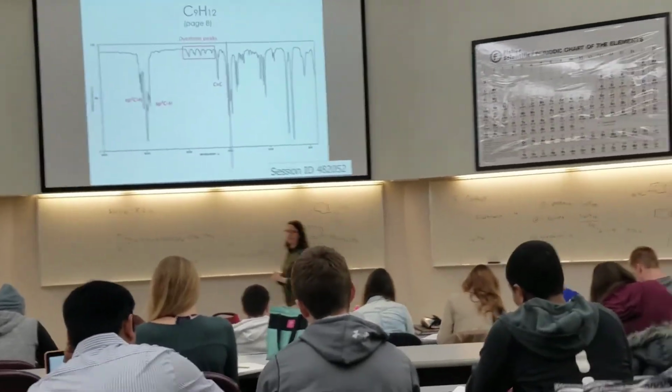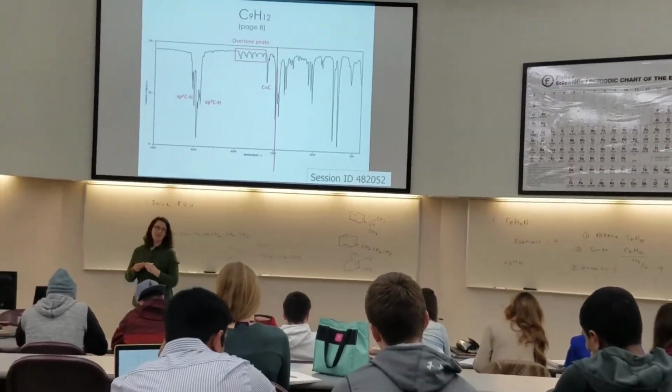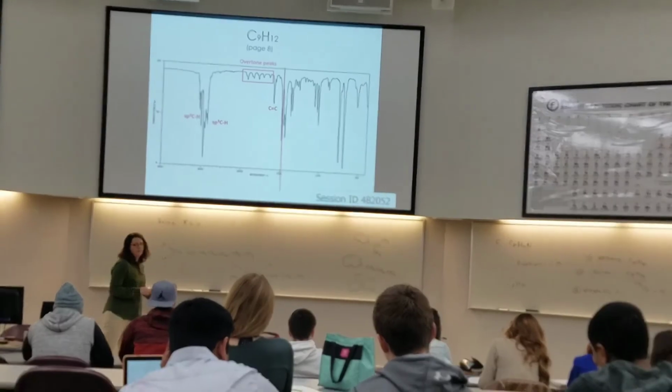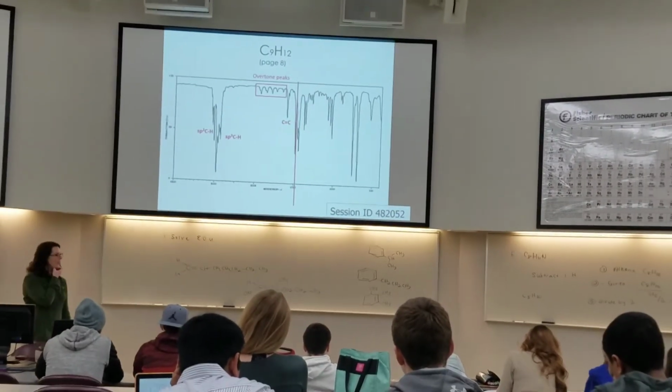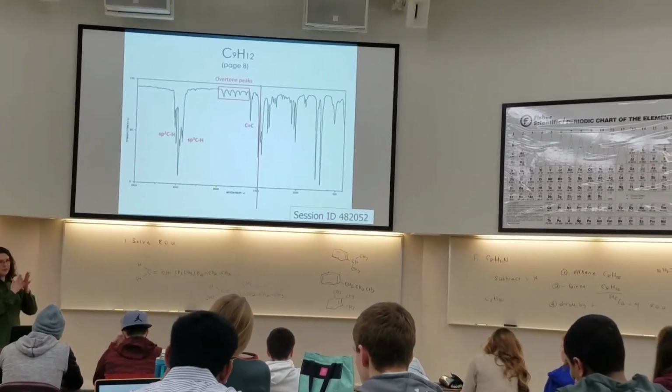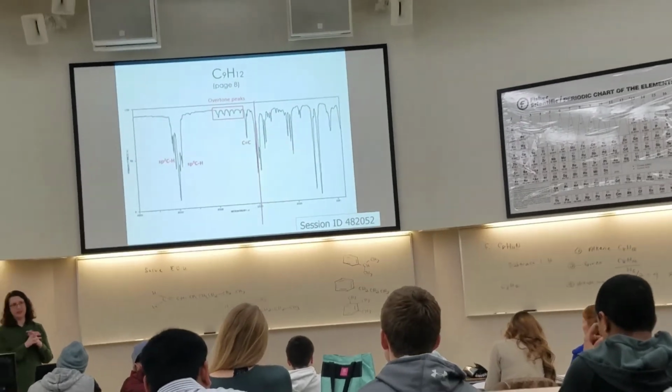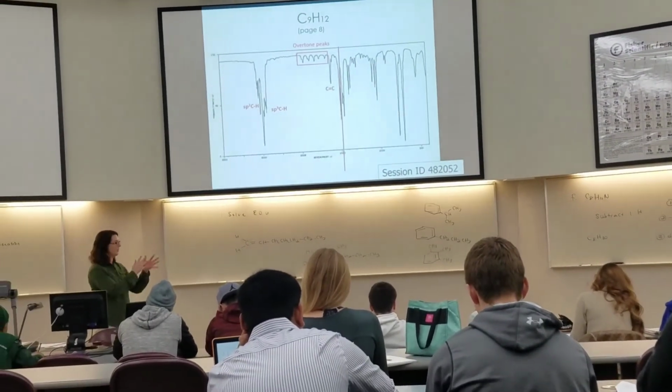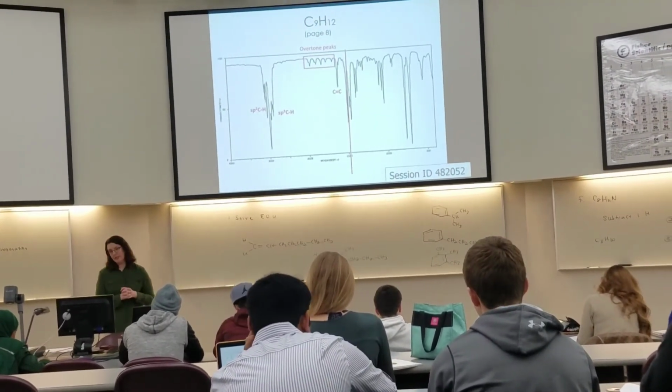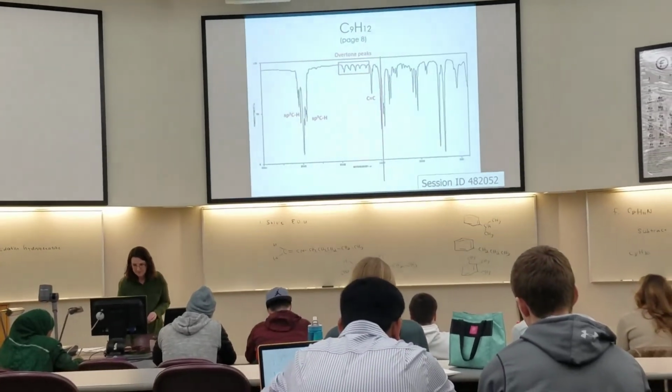You can have a trimethyl group, but those are constitutional isomers, right? You can see the difference in the fingerprint region once again, but we're not going to look at the fingerprint region to tell the difference. So constitutional isomers, that's good enough as far as we're concerned.